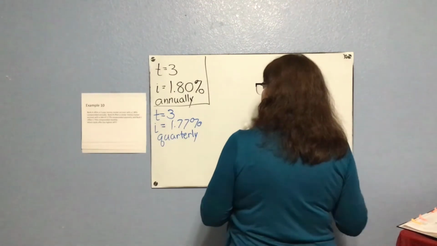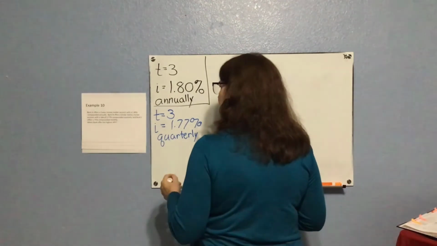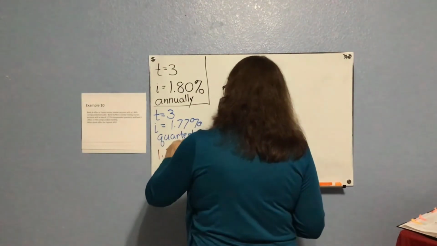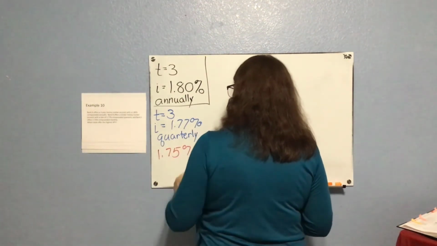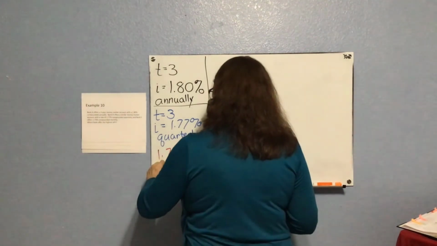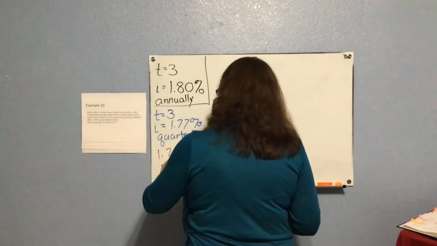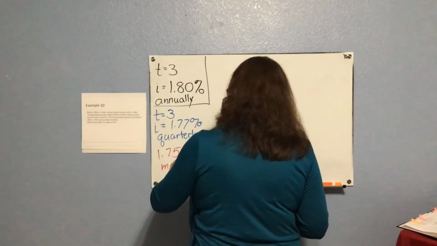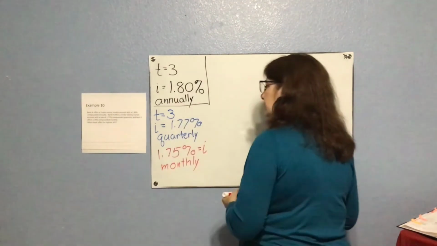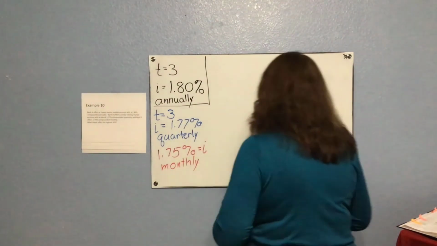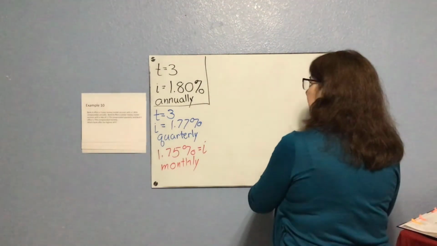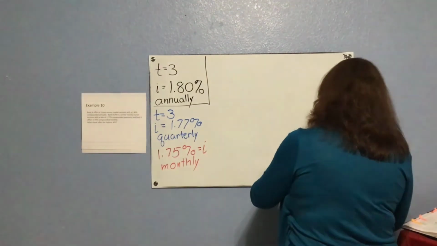And then Bank C offers 1.75% interest, and it's compounded monthly. Okay, so now these interest rates are a little bit closer than the ones in the last problem, so we might find one that's a little bit better, even though it's a lower interest rate.